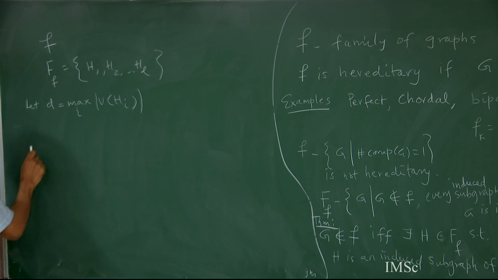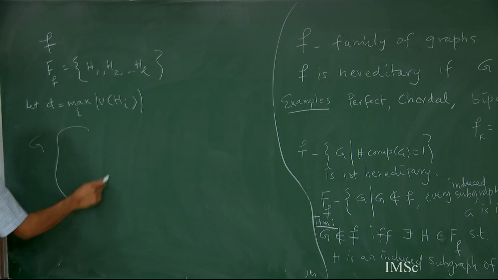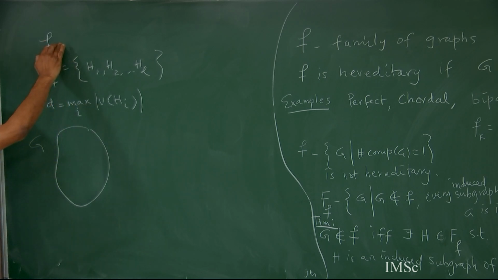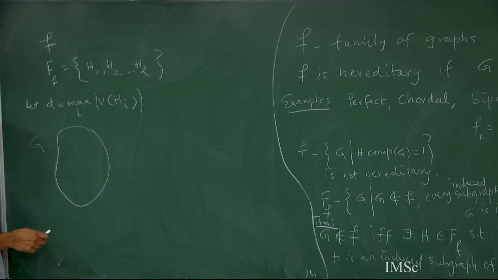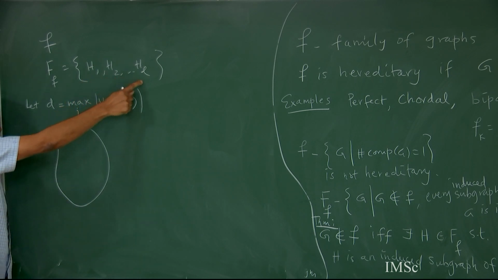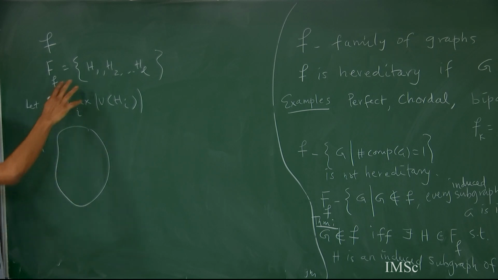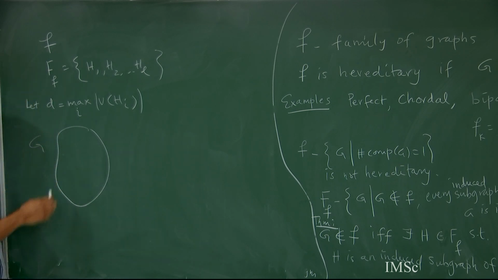Then what do I do? Given my graph G, I want to know whether it belongs to this family. Then by that theorem, I want to know whether any of these graphs is a subgraph of this. For example, one naive way would be to try all possible subsets of size at most D, some n to the D time, and I pick this and check whether H1 is a subgraph of it.